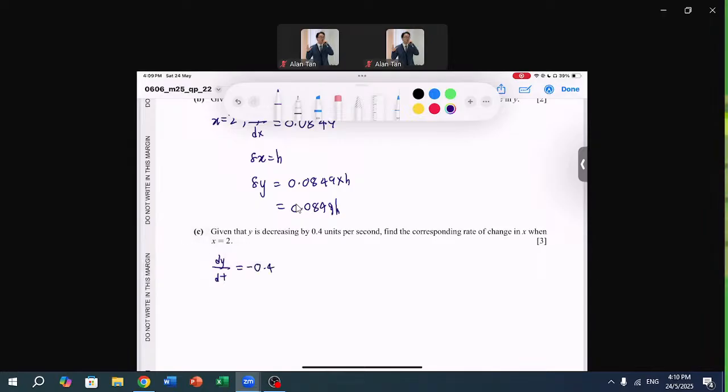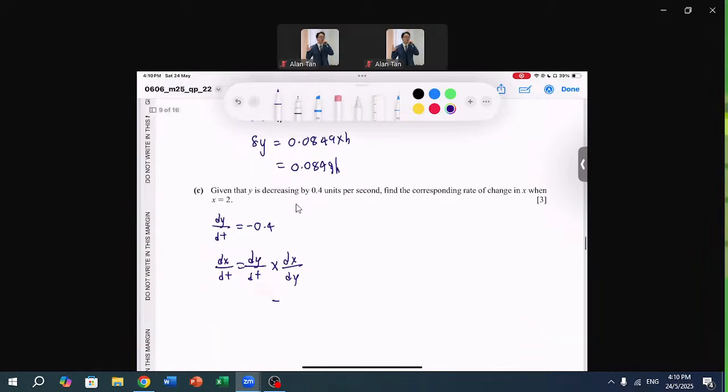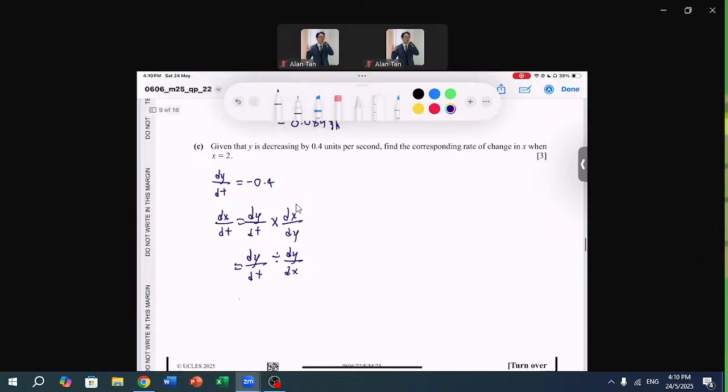Find the corresponding change in x when x equals 2. So they want to find dx/dt. dx/dt equals dy/dt times dx/dy, or in another sense, dy/dt divided by dy/dx.